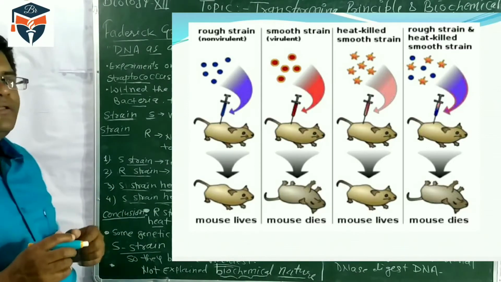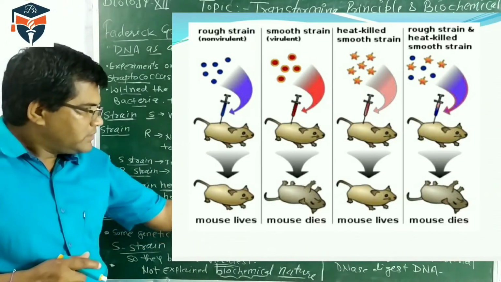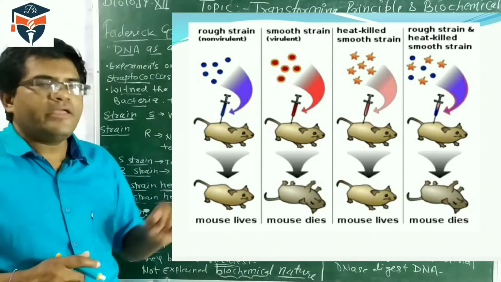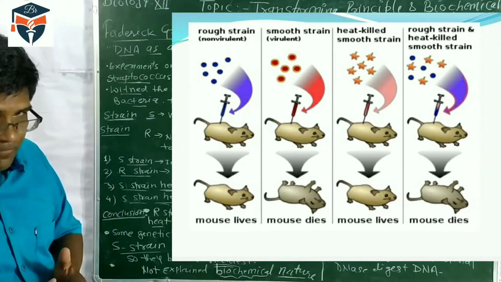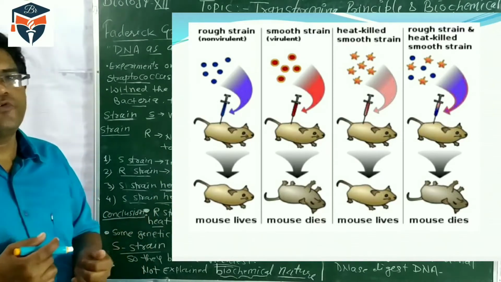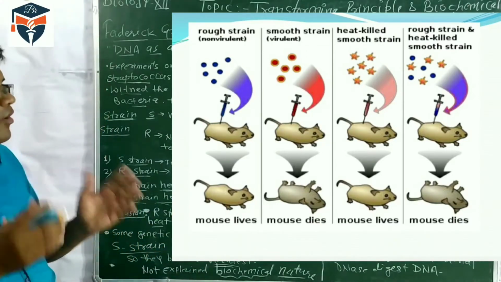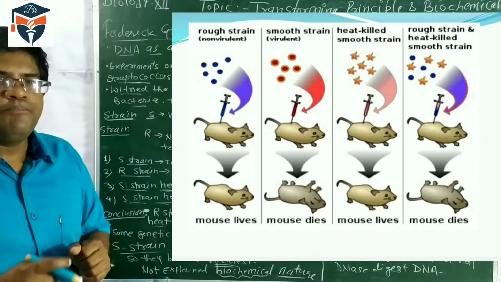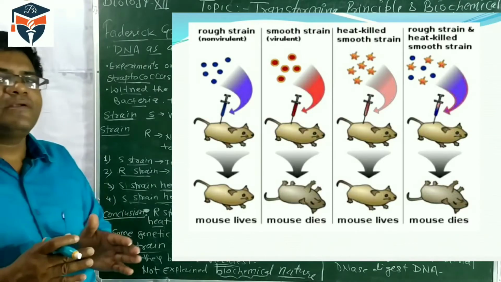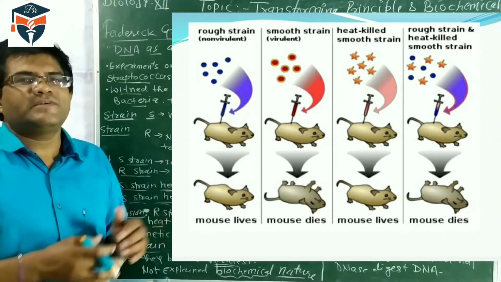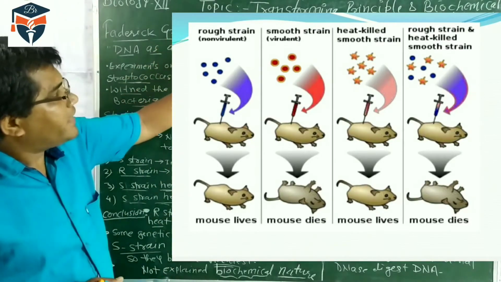Heated S strain injected, the mice do not die. In the fourth case, heated S strain mixed with R strain is injected, and the mice suffer from pneumonia and die. Overall, the experiment shows that the R strain was transformed by the S strain, meaning genetic material of the S strain was transferred to the R strain. This is overall the Griffith experiment.